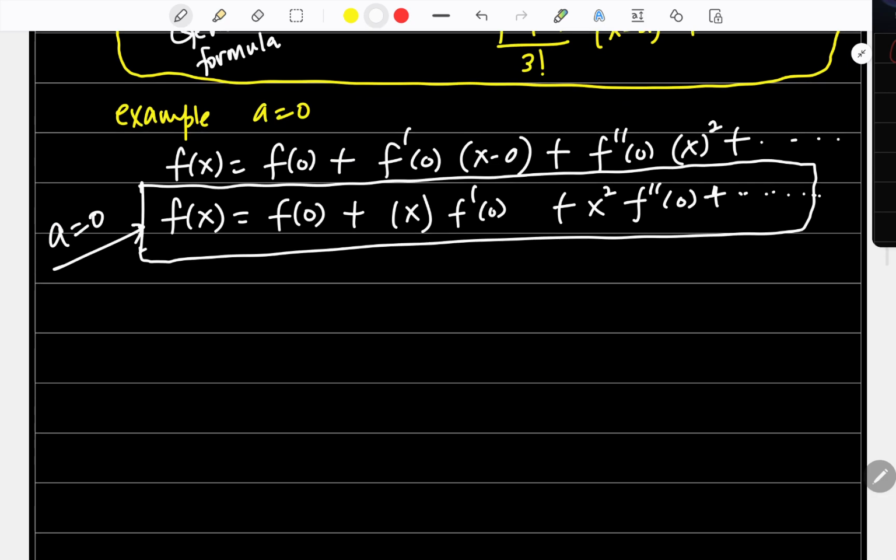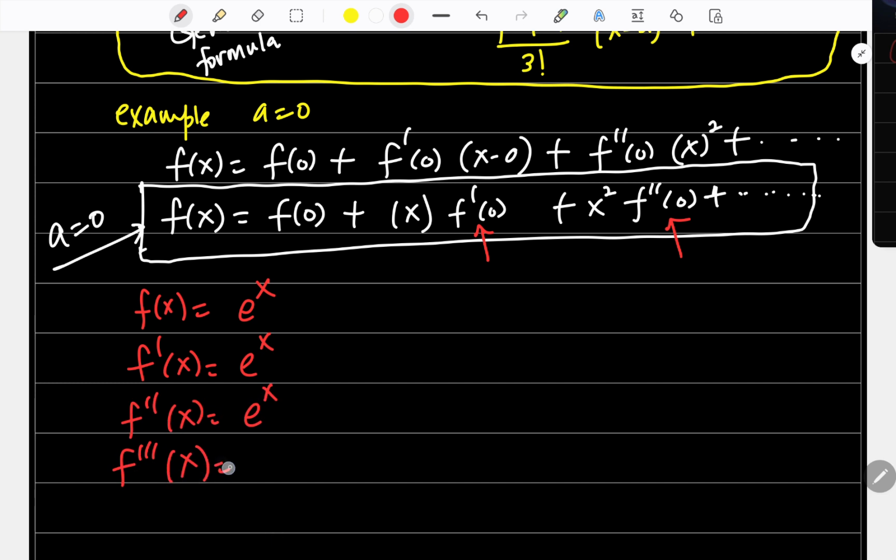How are we going to show this, teacher? Very simple example I am going to take, which is f of x equals e power x. Right. What are the things we need? We need f dash, we need f double dash, right? And also we can take f triple dash also, no problem. So let me take f dash of x is e power x. f double dash of x is e power x, you know very well. f triple dash of x is e power x.